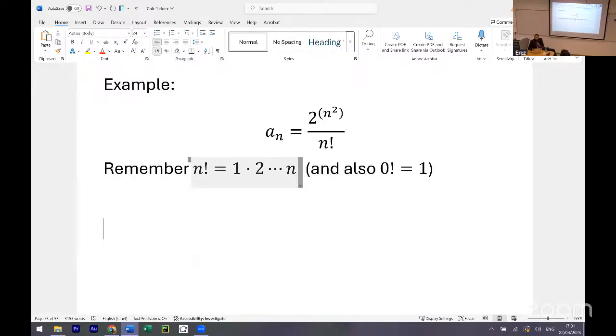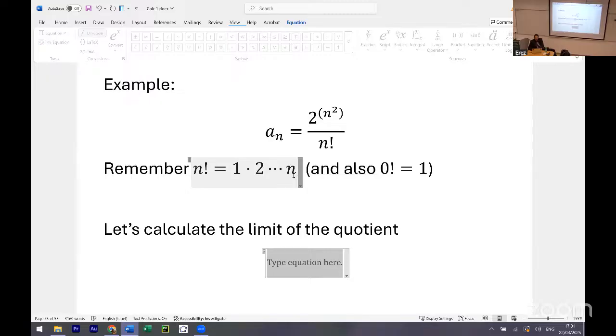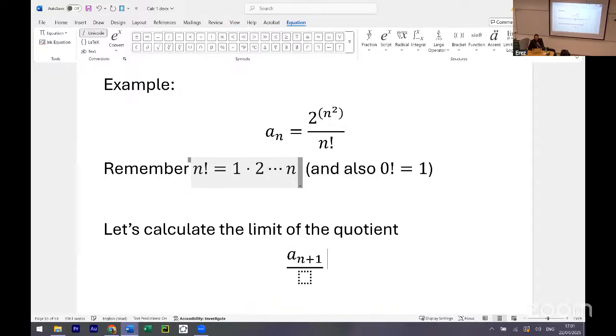So let's calculate the limit of the quotient a_{n+1} over a_n, which is, hold on to your hats, 2 to the power of (n+1) squared.